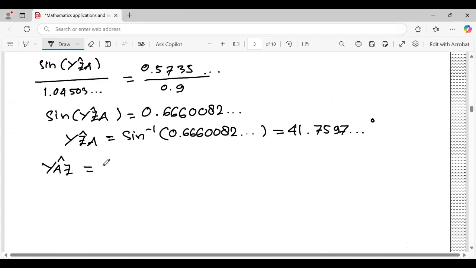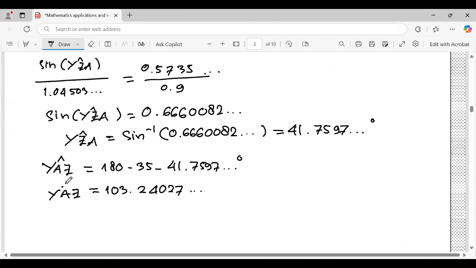Angle YAZ equals 180 minus 35 minus this angle 41.7597 degrees, and the result is 103.24027, so on. So this is angle YAZ. Next, this is the first value.